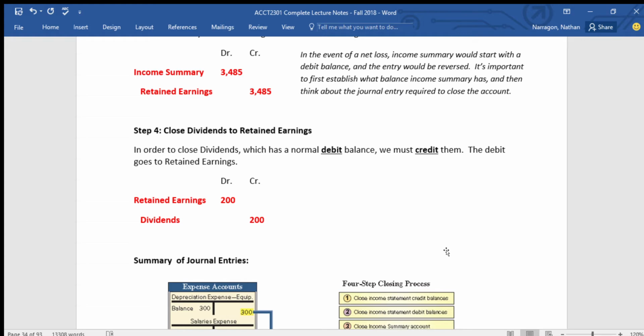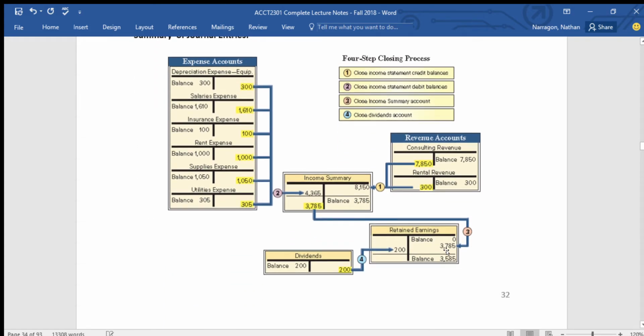In fact, here's a nice little summary of what's going on. So if you look at here, here's our T-chart for income summary. There's our credit of $8,150, which basically comes from closing out revenue of the 2 debit accounts right there. So we had debit them, makes our credit.